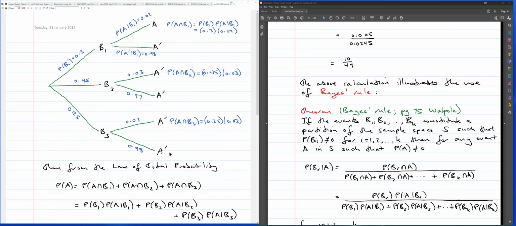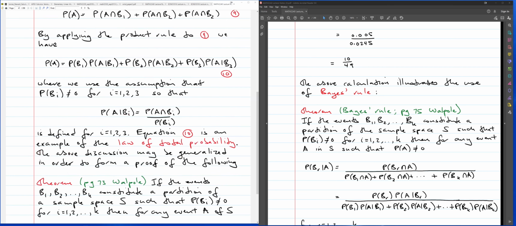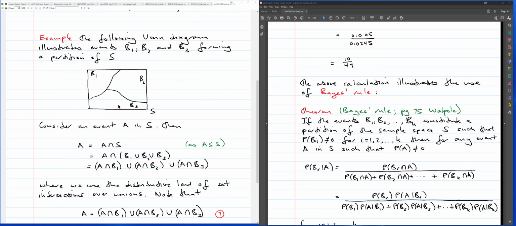So in this example of three machines, the partition of your sample space is done by B1, B2, and B3. Remember what S is: S is all products made by the factory.